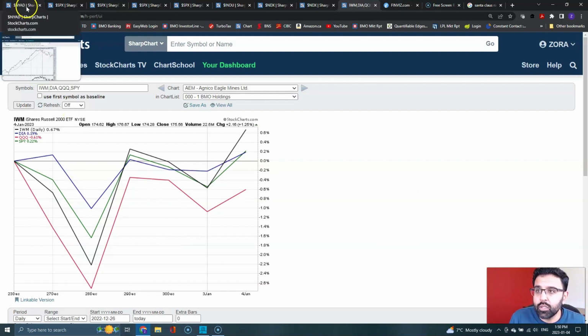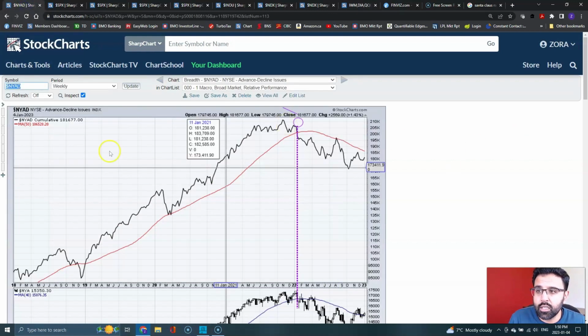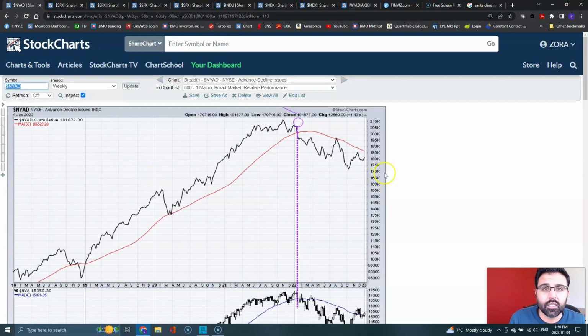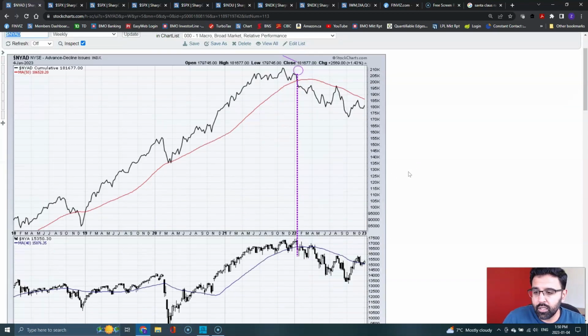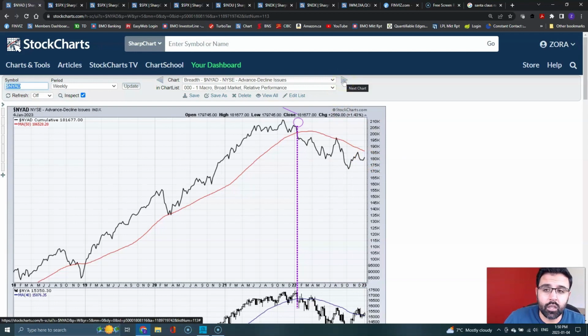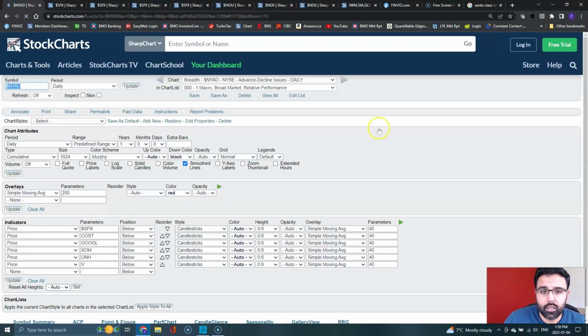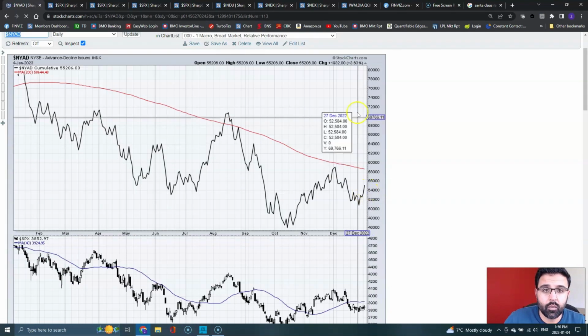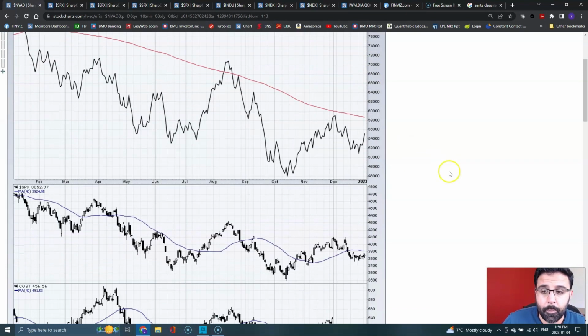One I'll throw in just for fun is our breadth. You can see how strong the overall market is doing. One thing that is standing out to me is the strength in the New York Stock Exchange, I think it's called, the NYA. New York Stock Exchange is showing some strength here. So we'll see if this continues. It is a weekly. Here's a daily look, and we see some strength.